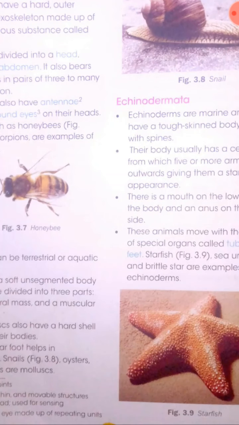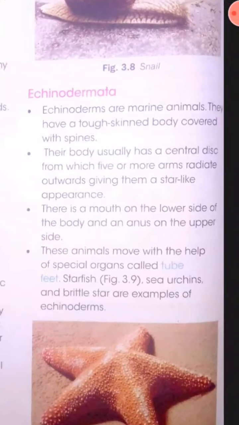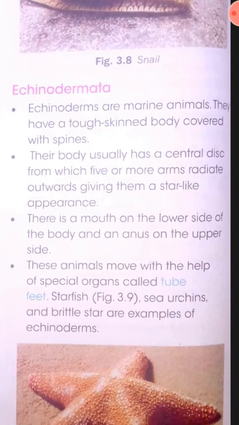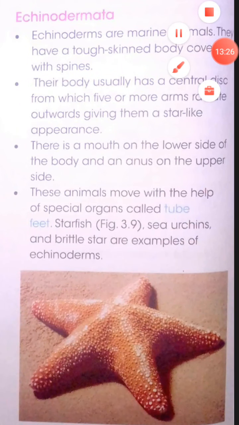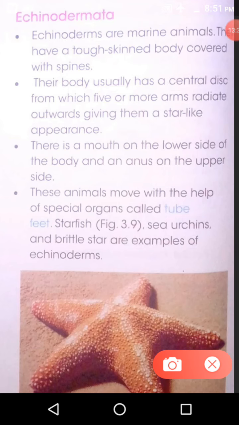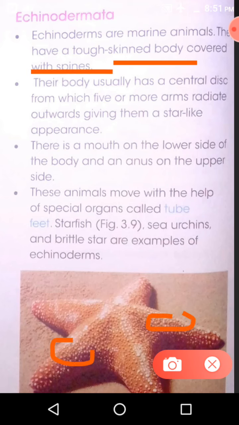Now the next phylum is Echinodermata. Oh, sorry, arthropod is already done, then mollusk. Now the last one is Echinodermata. They are mainly marine animals. The main characteristic of echinoderms is a tough skinned body covered with spines. Presence of spines, as in that diagram, means a soft structure is not present.